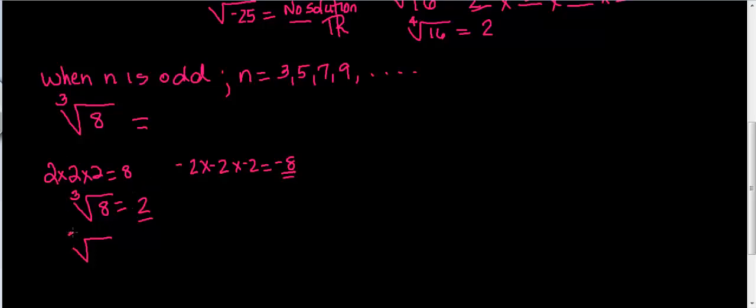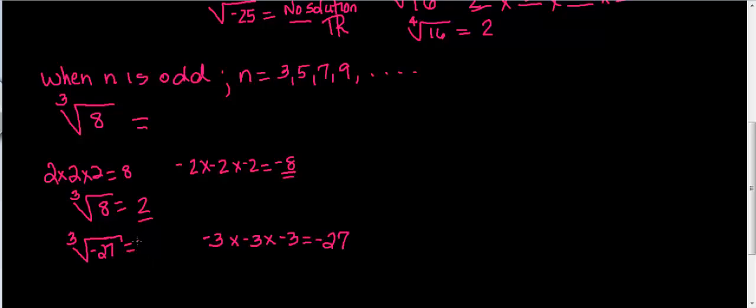Now when I have a cube root, let's say of -27, the answer to this is, what number do I multiply by itself 3 times to get -27? The answer to that is -3. If I do -3 times -3 times -3, that gives you -27.